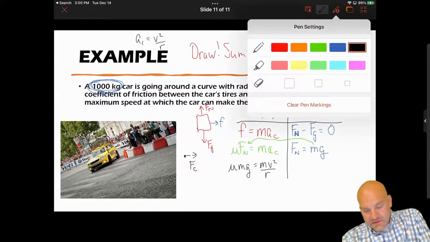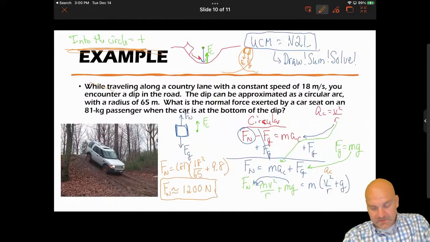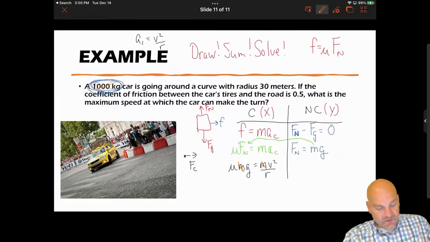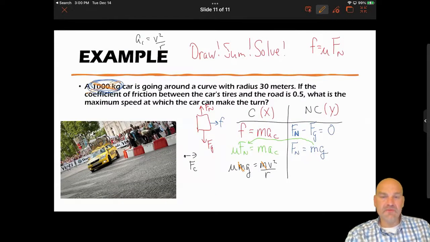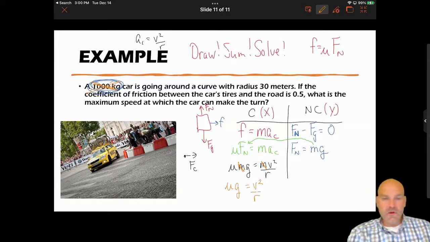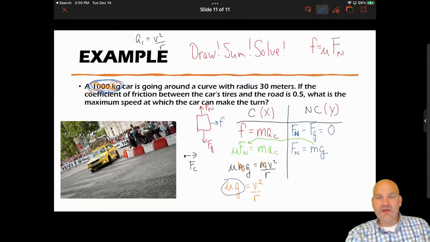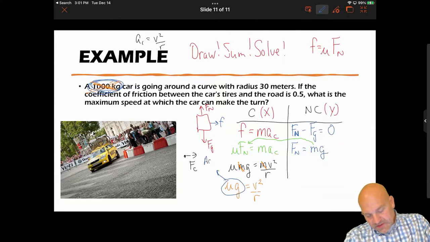Okay. Same car going around the same turn. Here's the reason why you don't necessarily need the mass, because look what happens when I solve. So I have mu g equals v squared over r. Well, that's kind of curious. Remember, we've been talking about this mu g value. That's the acceleration of a sliding object.